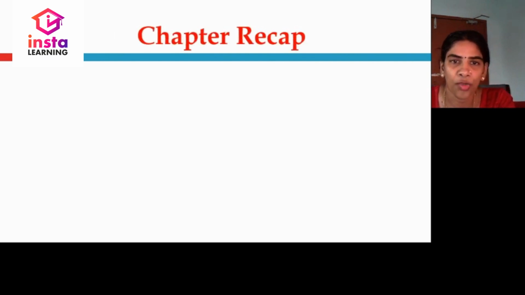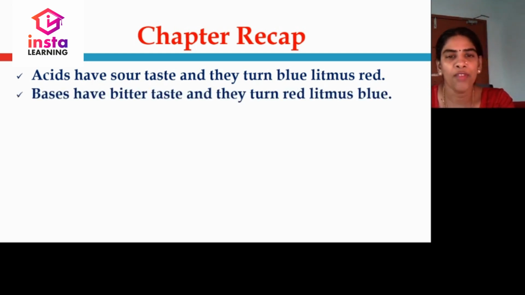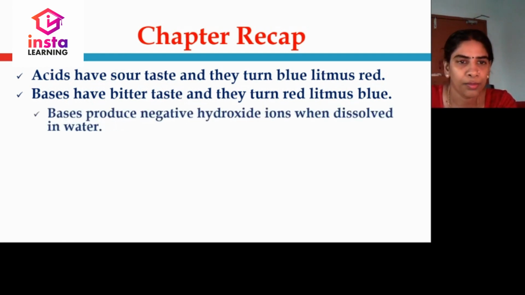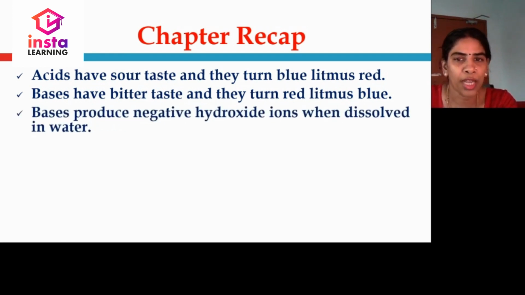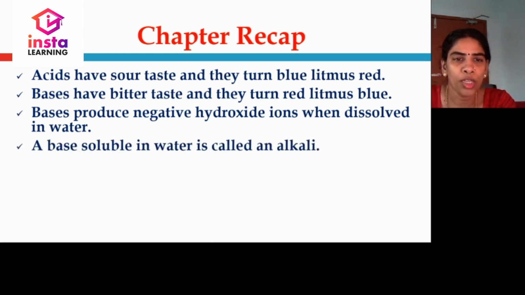Let us have a chapter recap. Acids have a sour taste and turn blue litmus red. Bases have a bitter taste and turn red litmus blue. Bases produce negative hydroxide ions when dissolved in water. A base soluble in water is called an alkali.